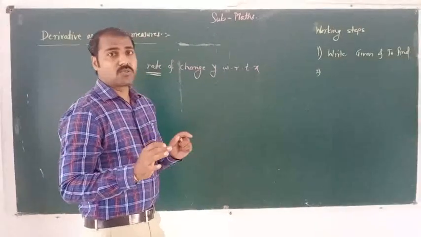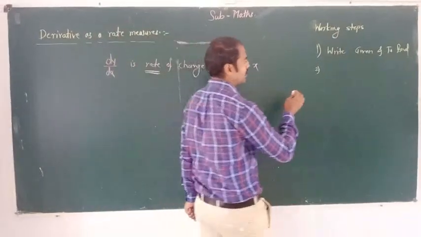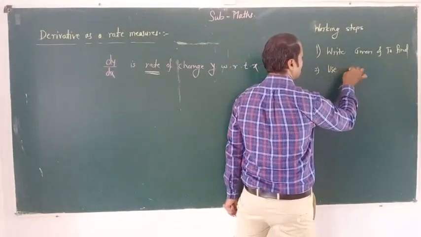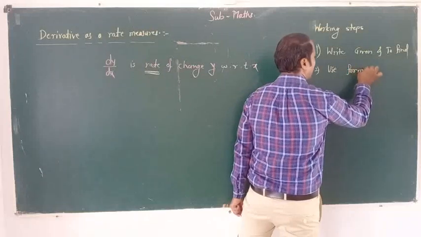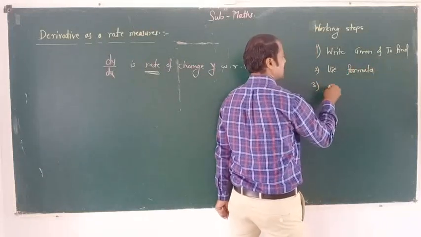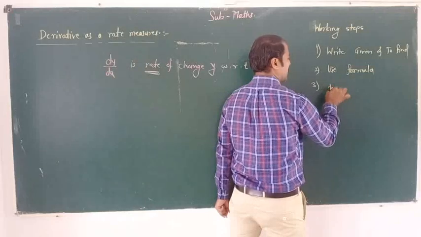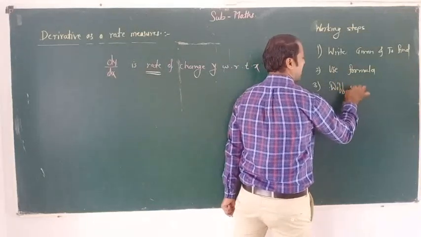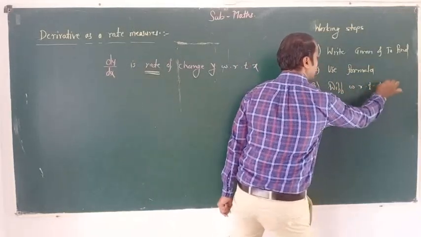Second, use the formula for the geometrical figure. Third step is to differentiate that formula with respect to t.